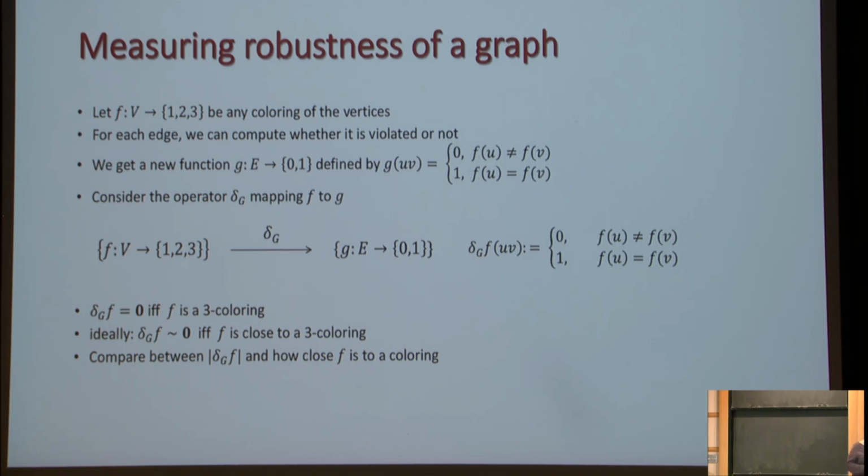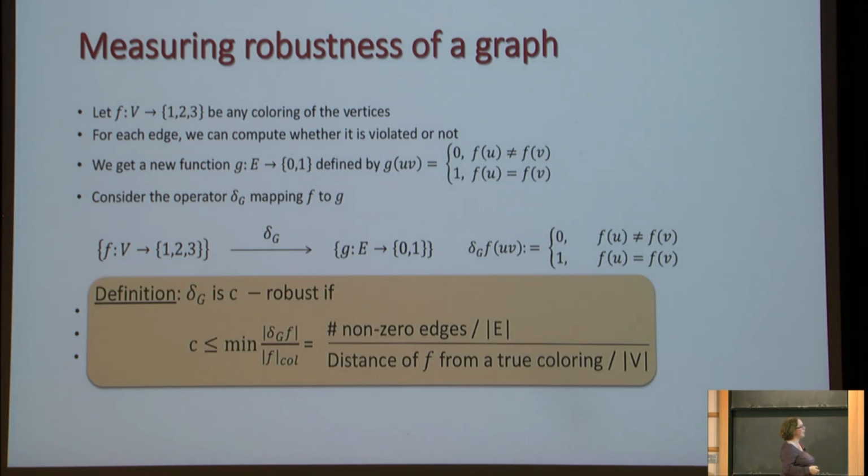Again, what fraction of vertices need to change color to make you a proper coloring. And in case in your graph there is no proper coloring, then just define this distance to be 1, the maximal distance normalized. Okay, so ideally we would like to have a comparison between how many edges are violated and how far we are from the good set.